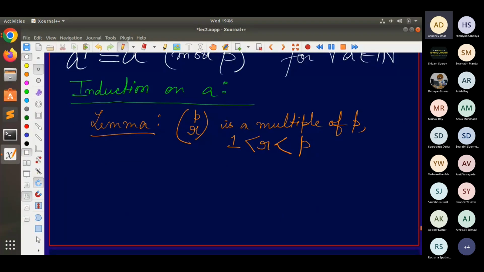Can anyone prove this lemma? It has a short proof. Short does not necessarily mean it has an easy proof. Anyone?